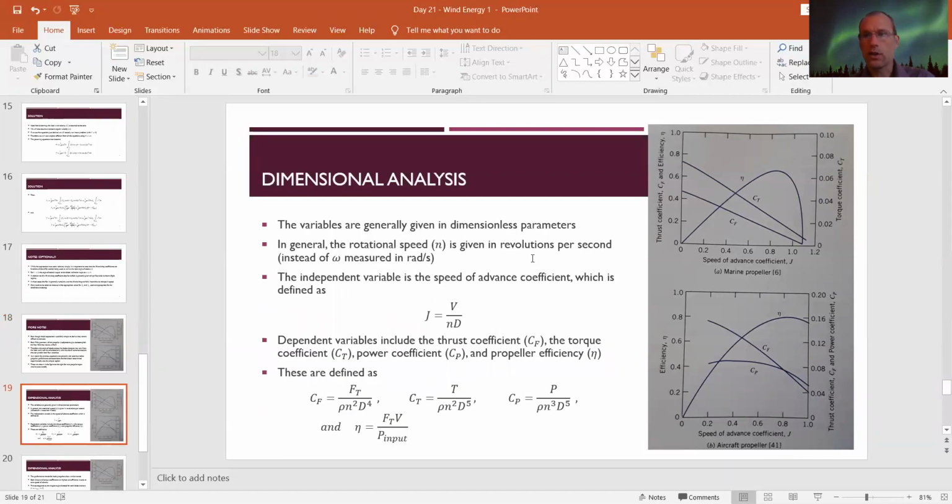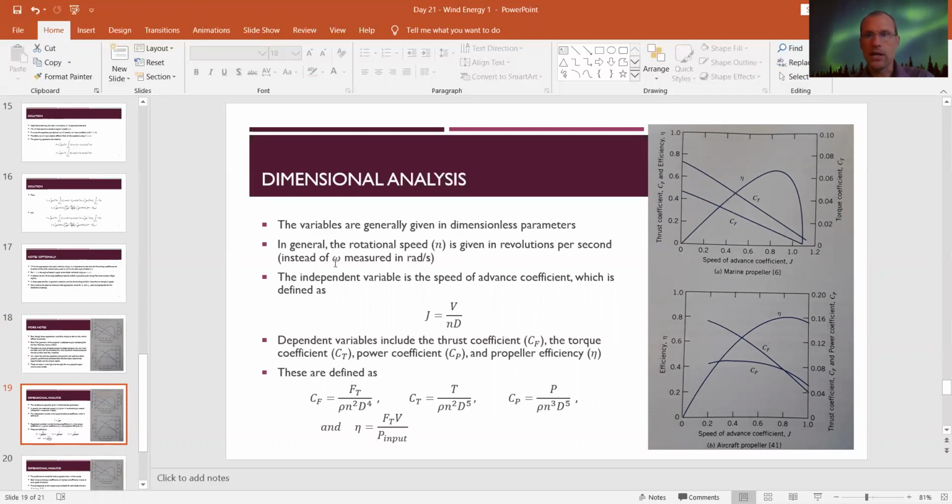Again, these are generally dimensionless parameters. Efficiency is usually dimensionless. CT and CF are related to the torque and force, but they're dimensionless versions of them. The dimensionless independent variable is the speed of advance coefficient called J, which is related to my velocity V over n times d, n being the rotational speed in revolutions per second.